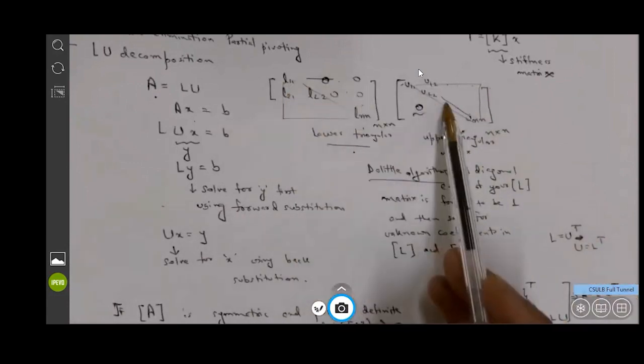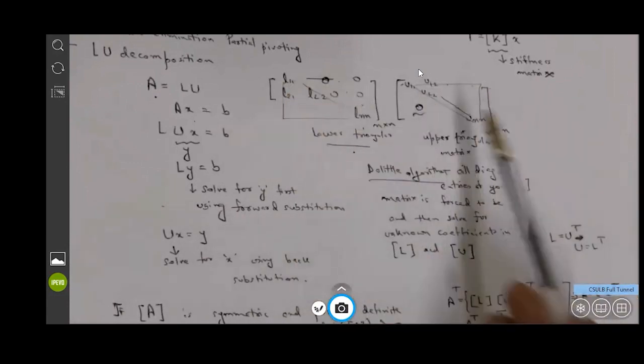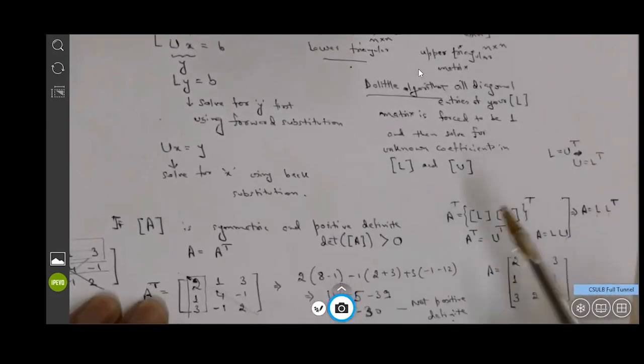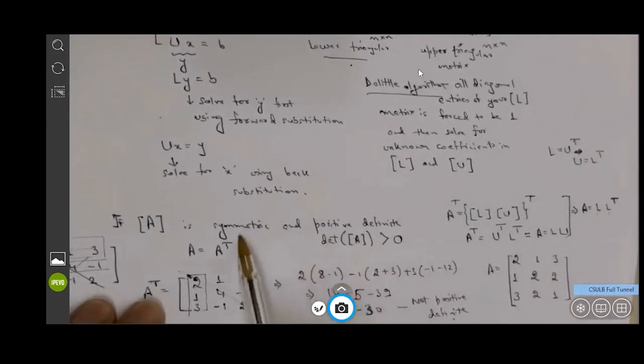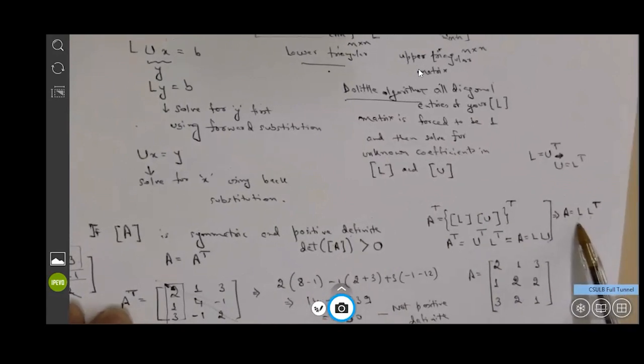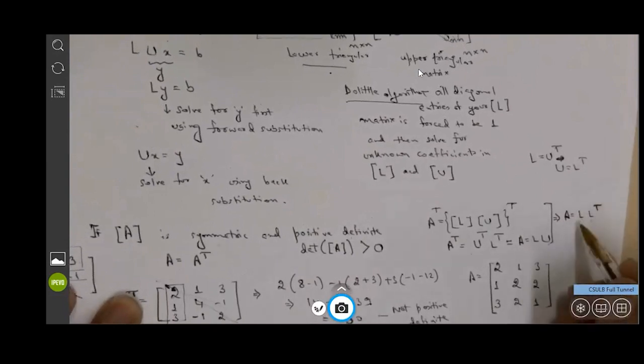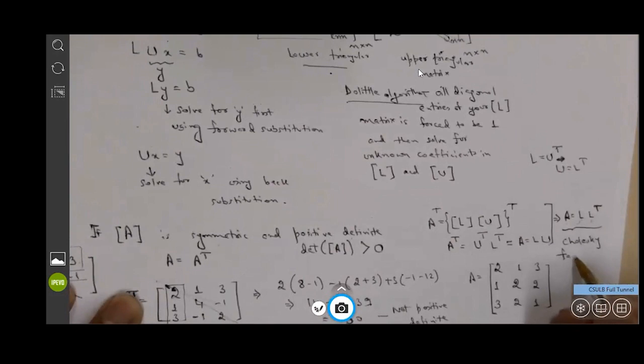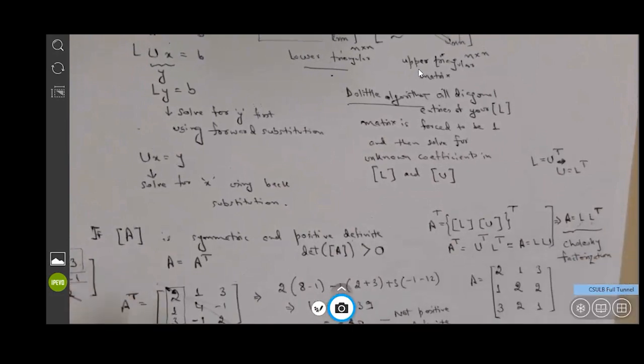So you have more unknowns to determine. But if it is symmetric and positive definite, the LU decomposition becomes easier because the U matrix is just the transpose of your lower triangular matrix. This is what we call Cholesky factorization.